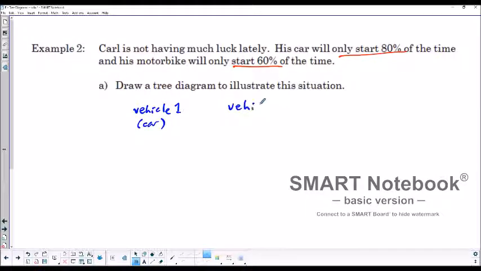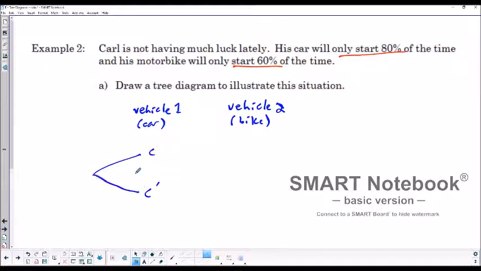If he wants to go to work by car, he would try that first, and if he can't get his car working, then he'll try his motorbike. So let's say there's car will start and car will not start.